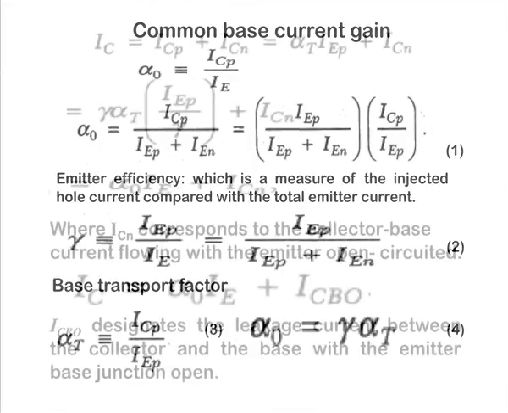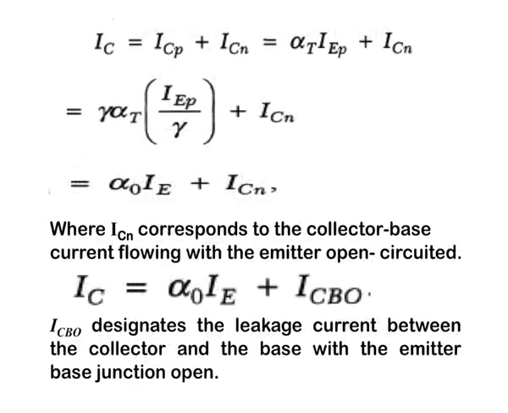So, now our output current IC we can write as ICP plus ICN, and ICP we can write as alpha t IEP. Again we can rearrange these equations, and here if you multiply by gamma and divide by gamma, the final equation we get is collector current IC equal to alpha 0 IE plus ICN.